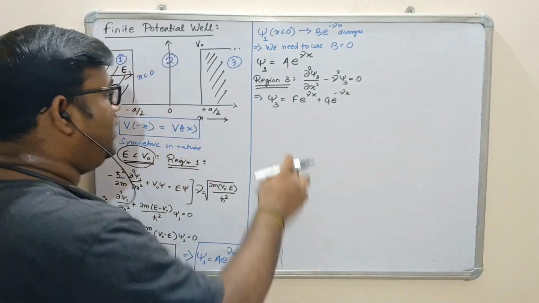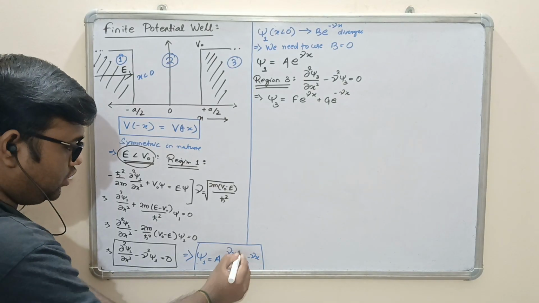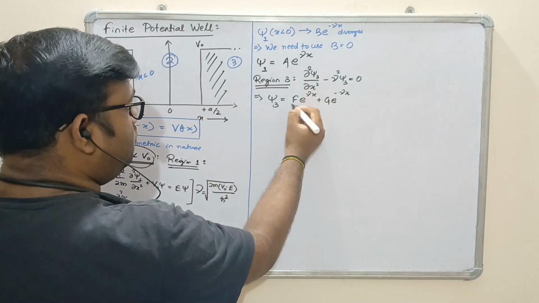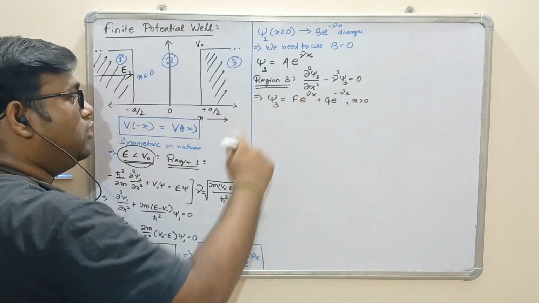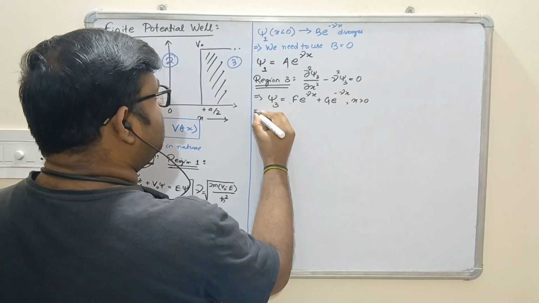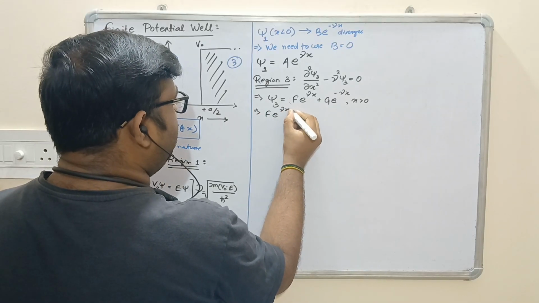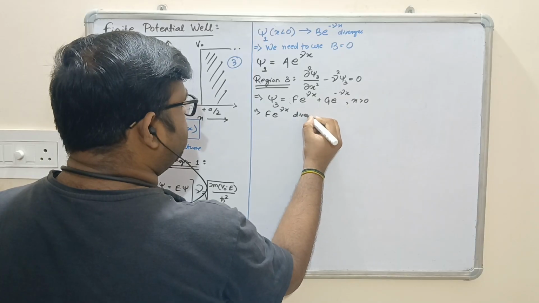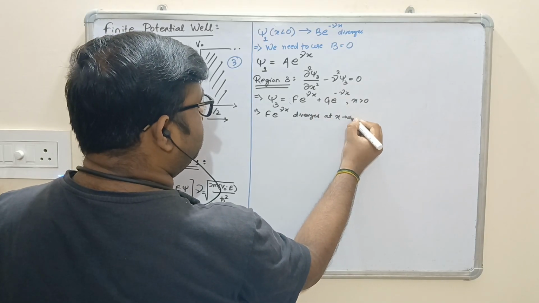Okay, now here x was less than 0, that's why this term was diverging. Now here what is the condition? X is greater than 0, so which one will diverge? This one will diverge. So f e to the power nu x diverges at x tends to infinity.